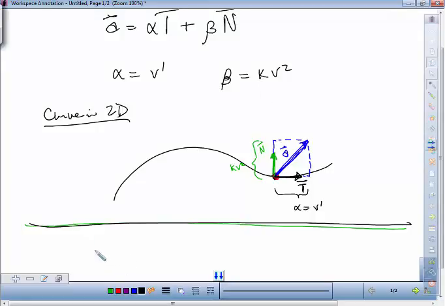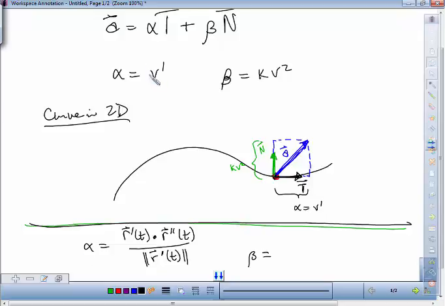So alpha, without proving it, is actually equal to r prime of t dotted with r double prime of t divided by the magnitude of r prime of t. v prime looked really simple, right?